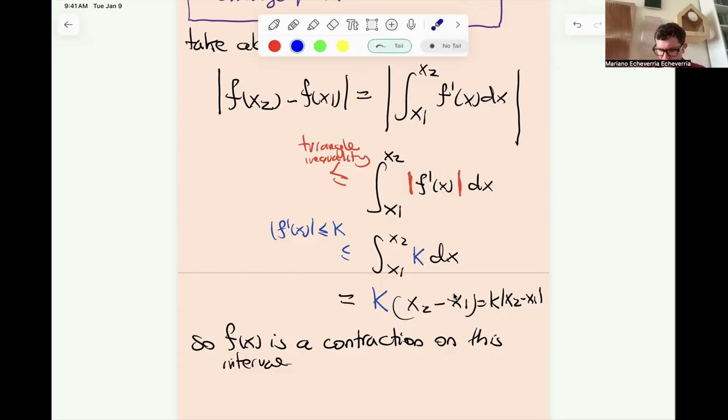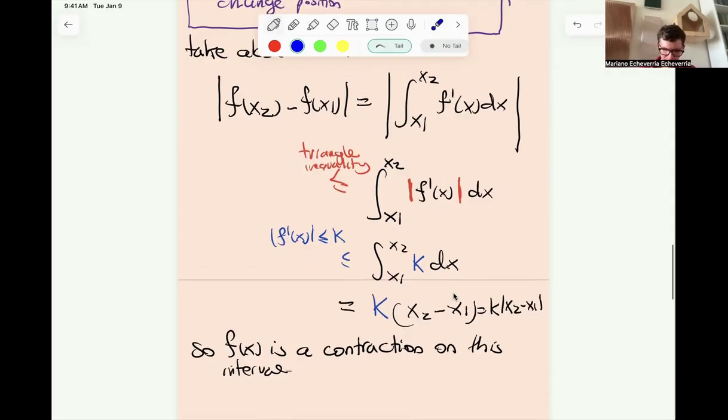Let me put it like this: if I write it like this, then you're assuming that x2 is larger than x1, because if you had an integral from 3 to 1, that would be negative, right? So that would have to be flipped. That is an assumption implicitly here that I'm using.